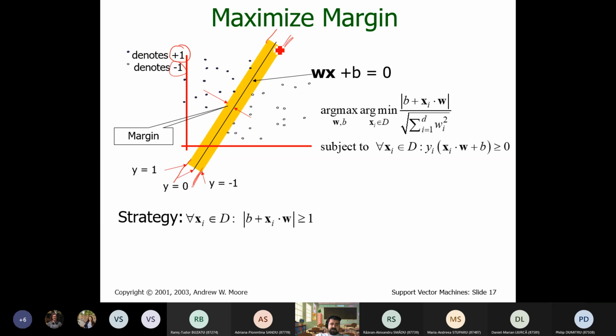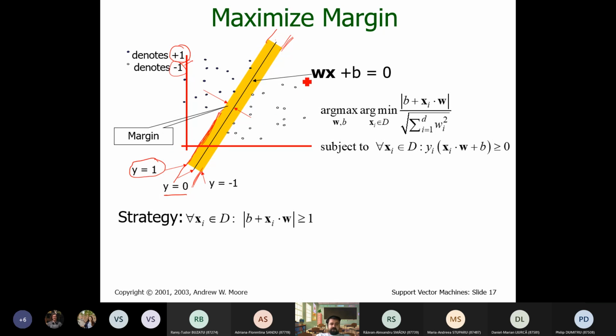So if we set this classifier to be y equal to 0, and if we have all the points having the class +1, it means that we can say that the left side of the margin will have the equation y equal to 1, because for all these points from the left, they should be in class +1, and the distance should be greater than 1.